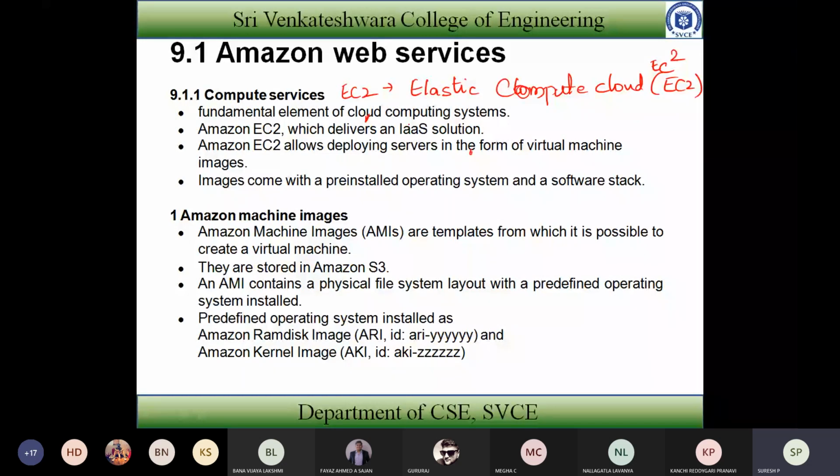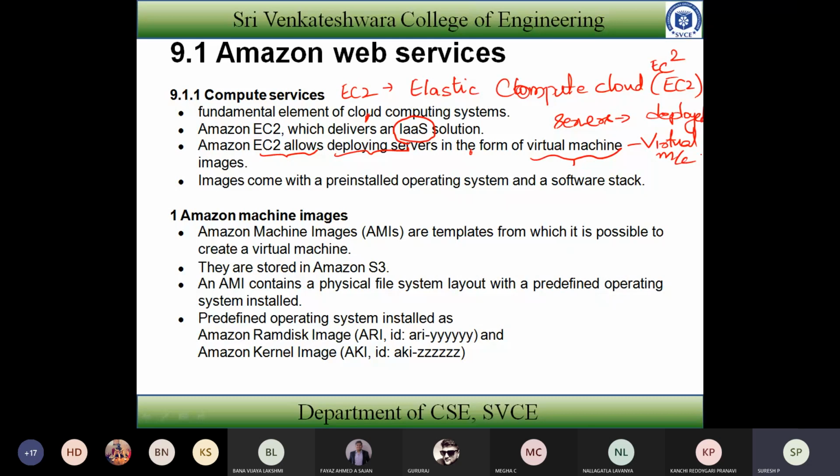Now, whenever you are using Amazon EC2, it allows you to deploy servers in the form of virtual machines. This you have seen. So the servers will be deployed in terms of virtual machines in your Amazon EC2.